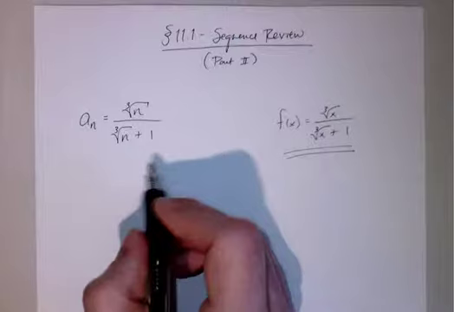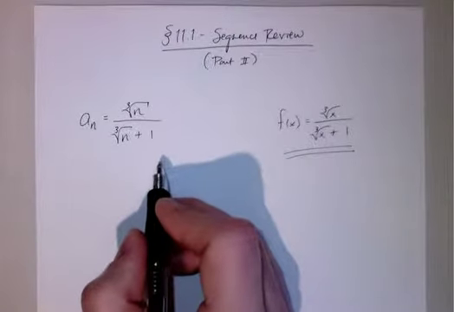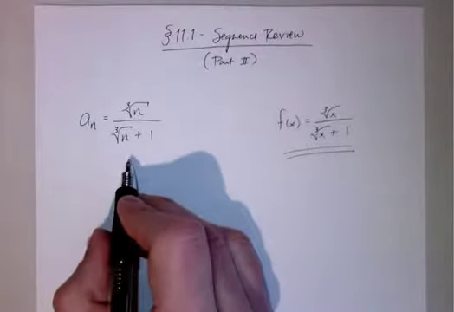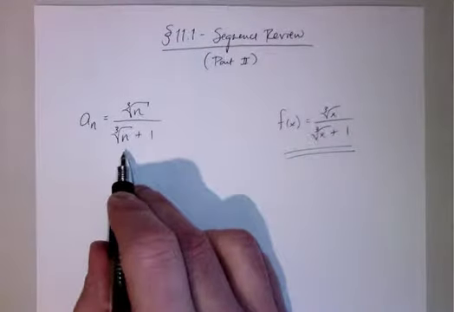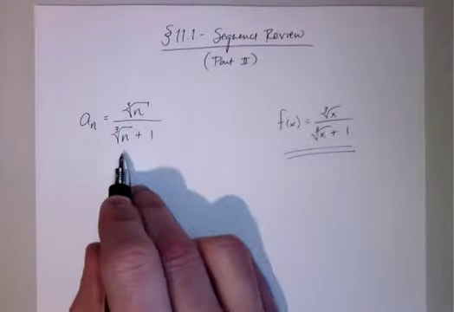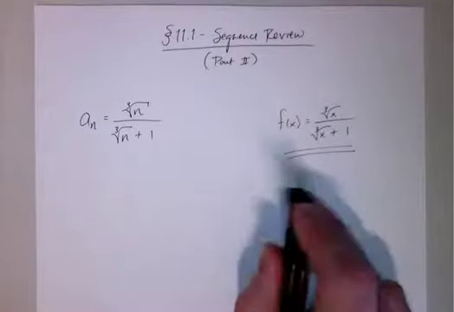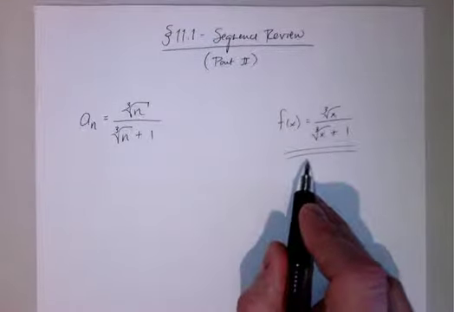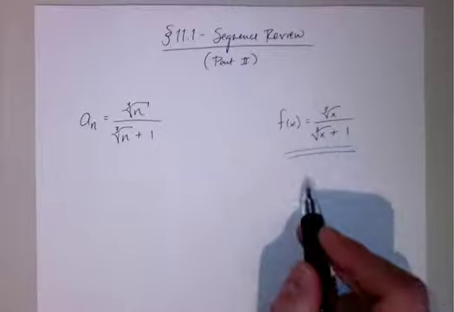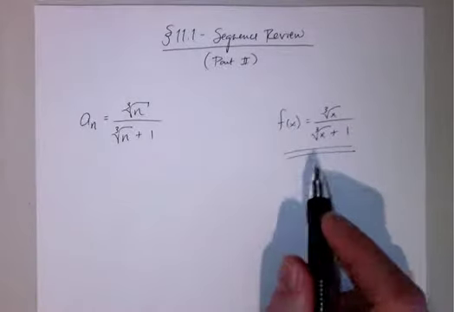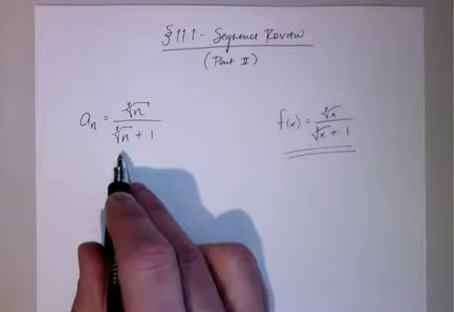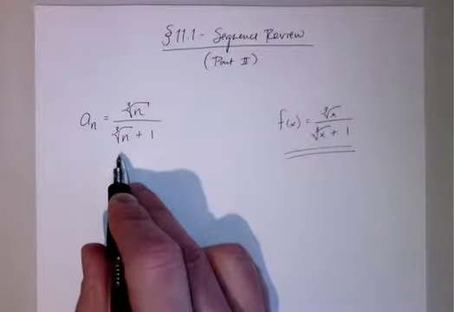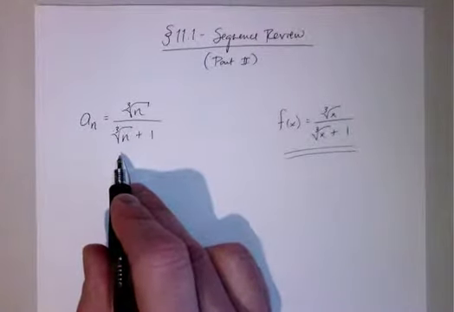So it's the same sort of idea, and that's why I emphasized in the last video that these are functions, okay? The difference between this and this is that this has inputs that are natural numbers, and this has inputs that are all numbers except -1. So this has a domain that exists on an interval. This has a domain that exists as simply the natural numbers.